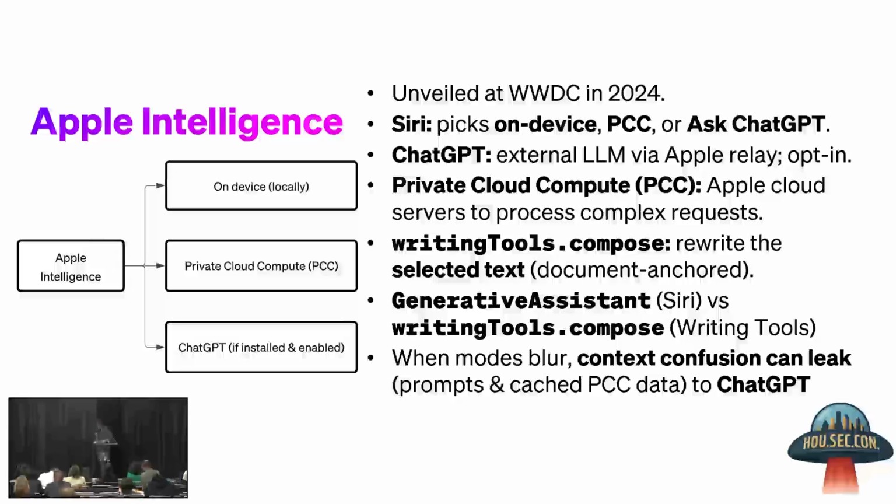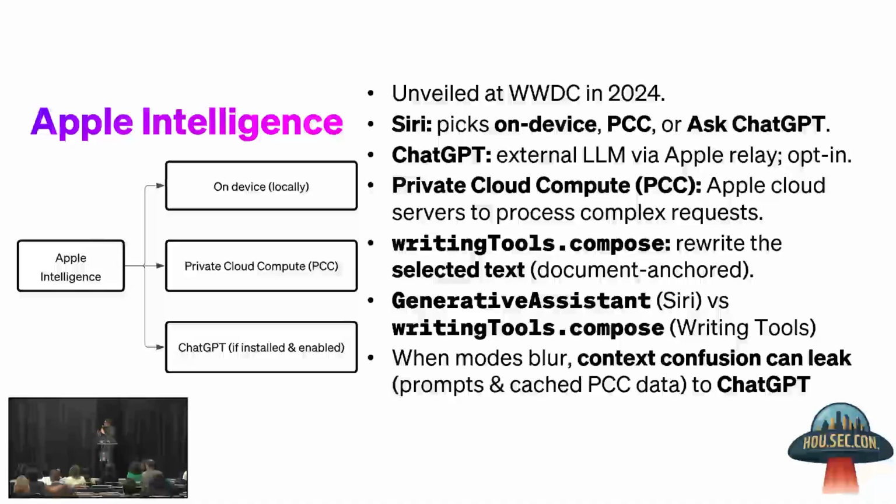Okay, and then the fun one here is Apple Intelligence. Basically, the way Apple Intelligence works is when you make a request that uses it, it will choose one of three pipelines to feed your request through.